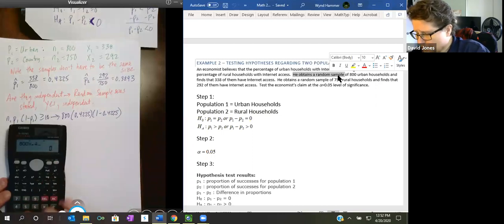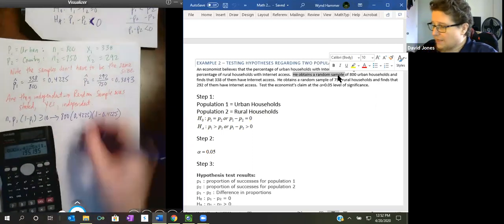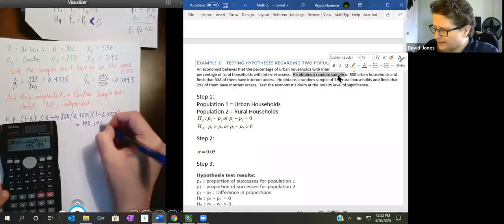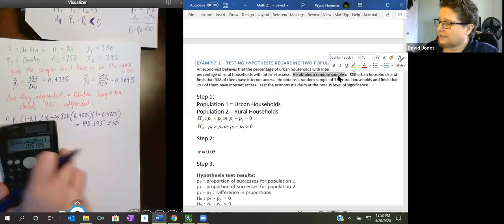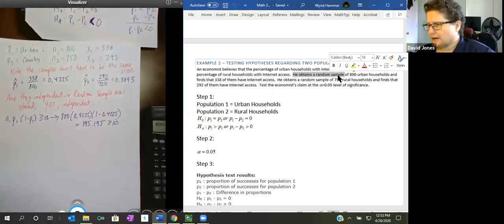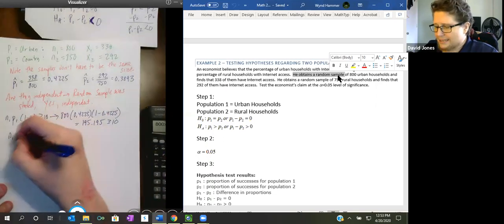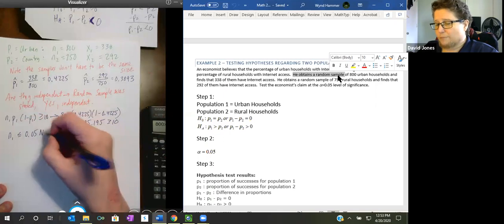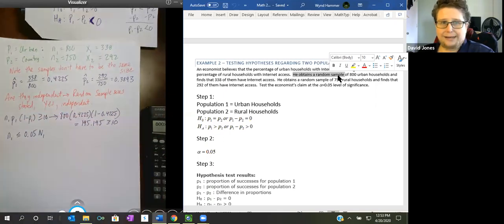And that is 195.195, which is greater than or equal to 10. Now, if we're looking at American households, N1 is definitely less than 5% of all the urban households in the country.